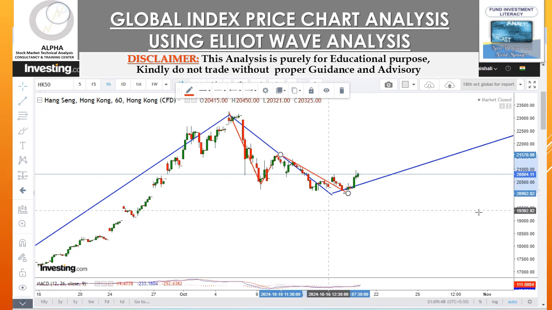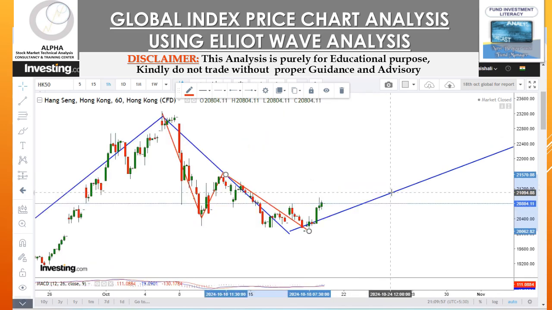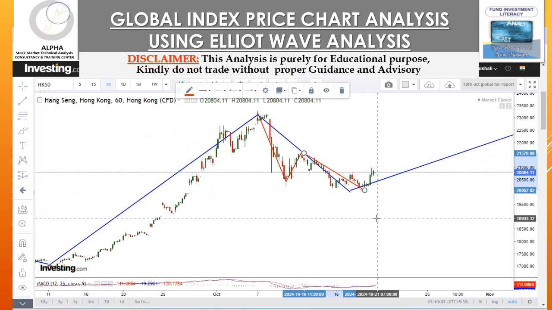So let's wait again. Looks like positive 3 candles, that's hourly 3 candles, bullish candles. One is an indecisive one, but it's going to be on the 18th closing.